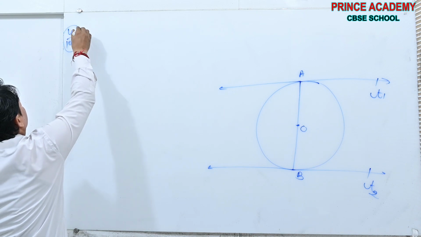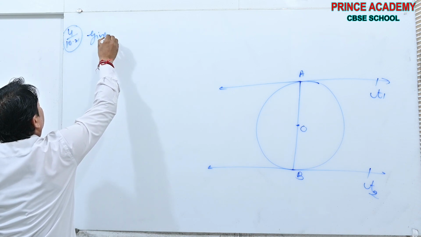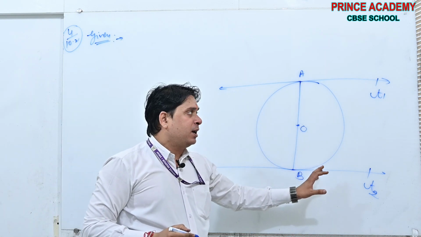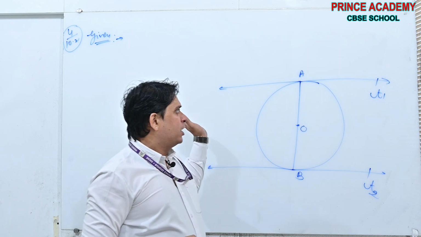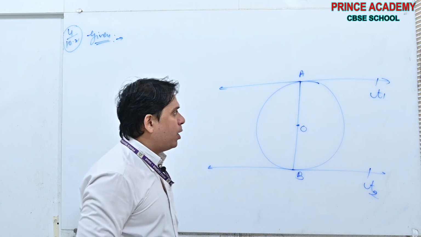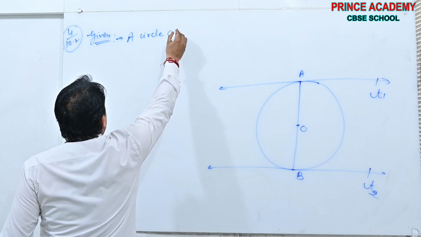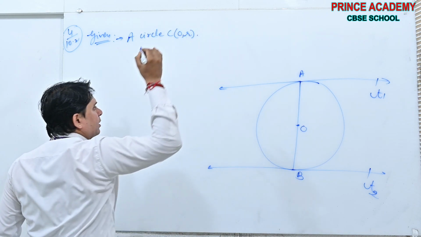What is given here? You can see a circle is there, AB is the diameter, two tangents passing from A and B. A circle with center O is given.